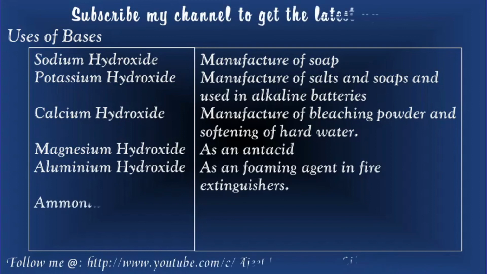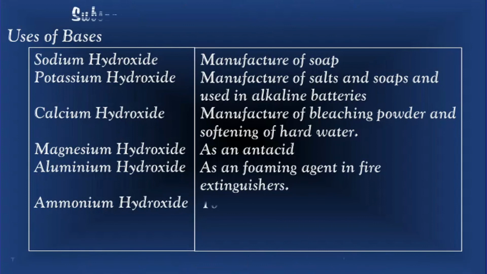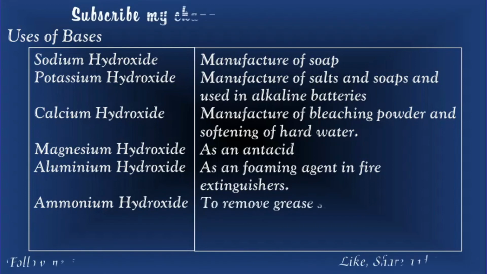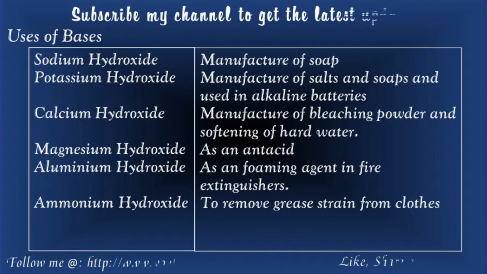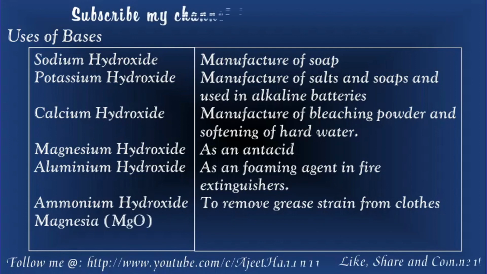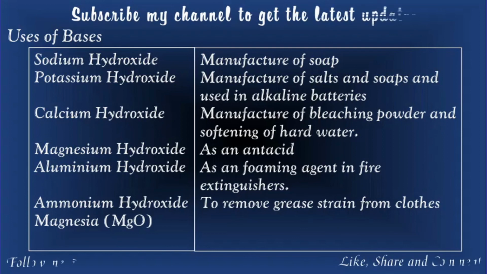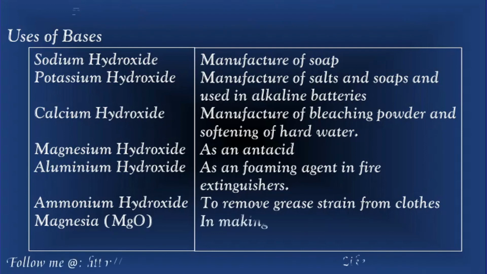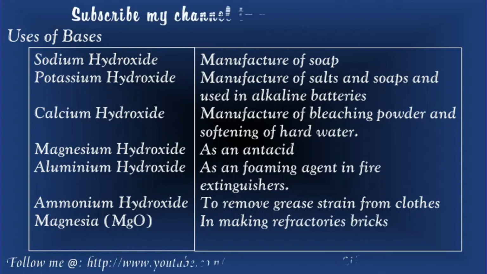The next is ammonium hydroxide, which is used as a cleansing agent. Mainly it is used to remove grease stains from clothes. And magnesia, whose formula is MgO, is used in making refractory bricks.